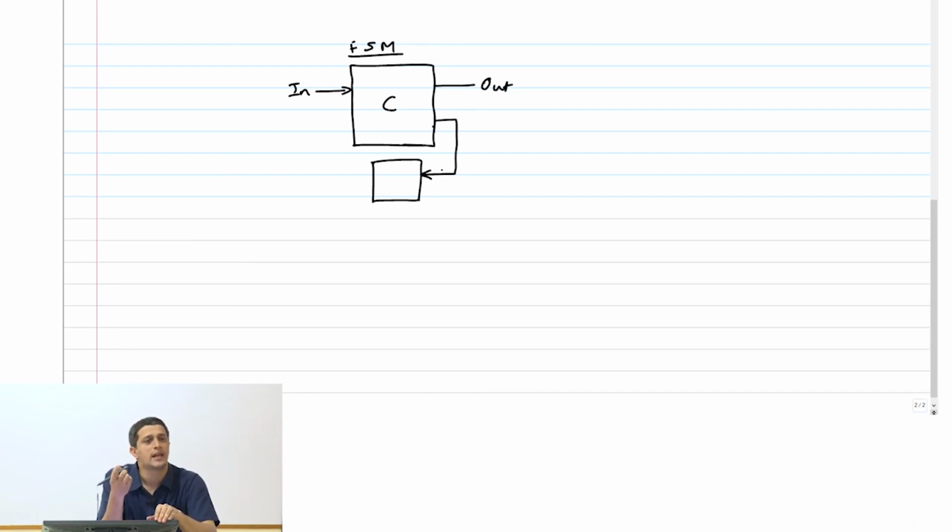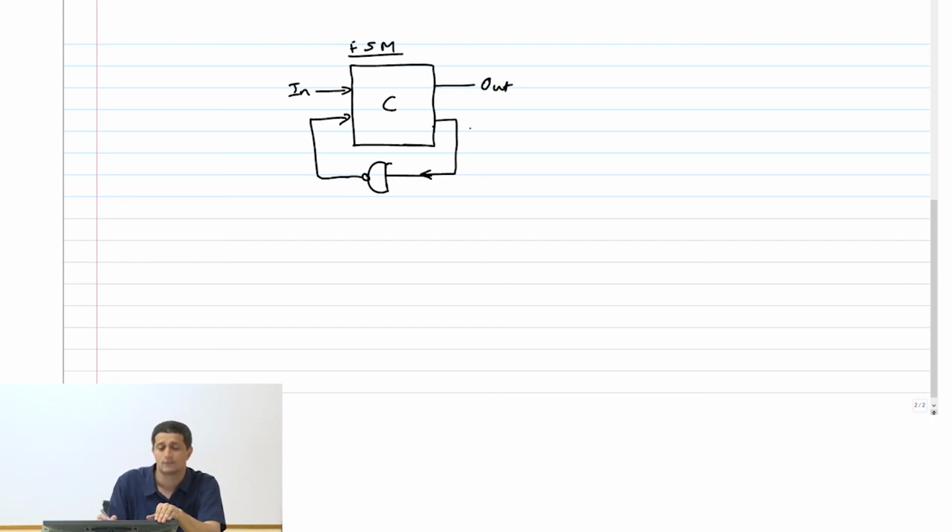Obviously, I have to give it some delay, right? Now, question is, can I just put a logic gate here? Let's say a NAND gate. Can I feed it back like this?